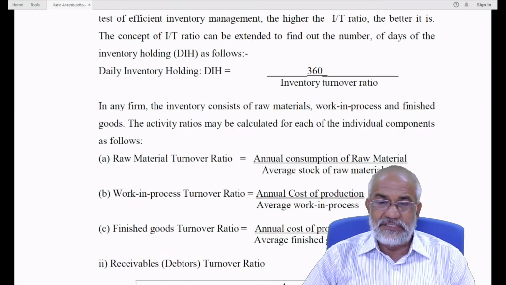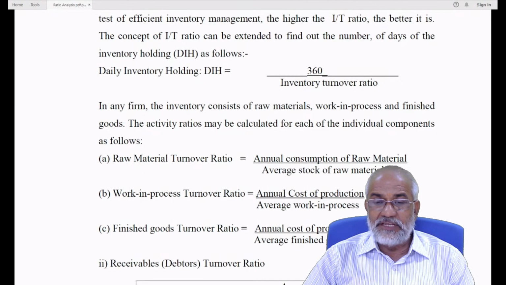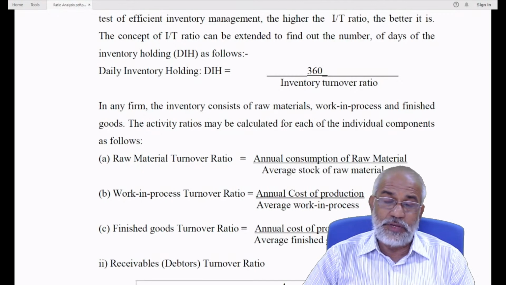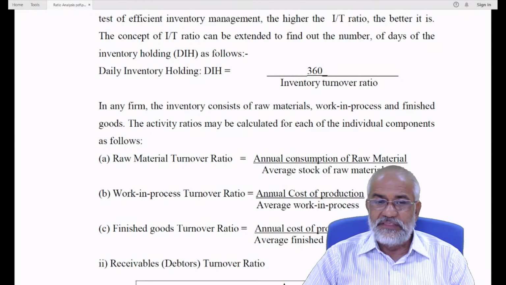The balancing figure is the cost of production. So that cost of production per year has to be divided by the average work in progress. Average work in process means the opening work in process plus closing work in process divided by 2. That would be the work in process turnover ratio.